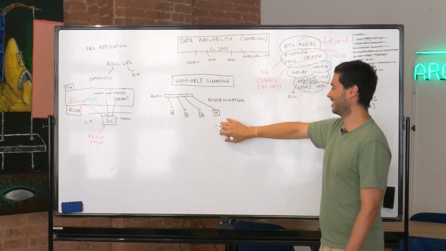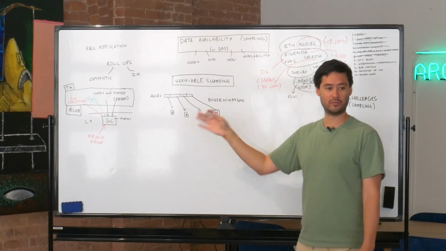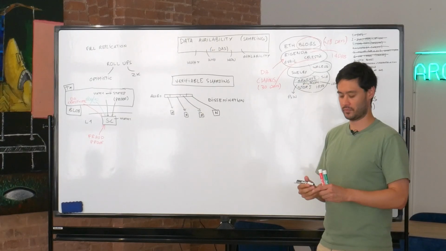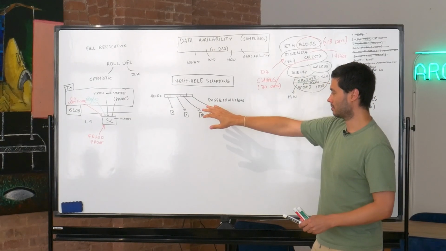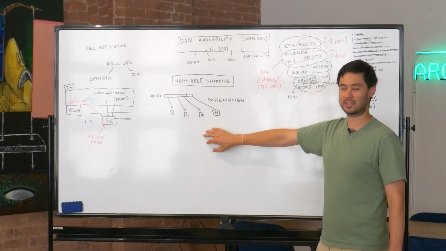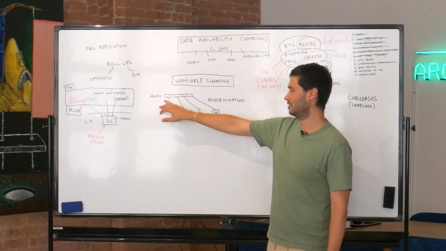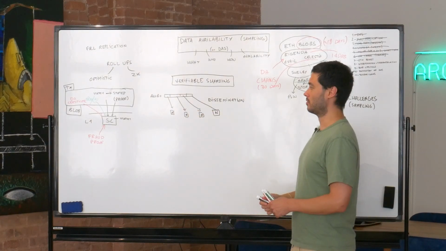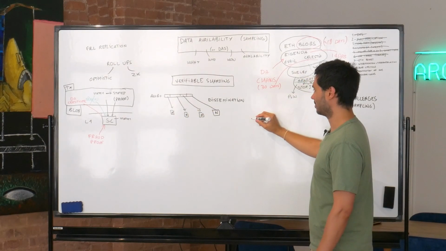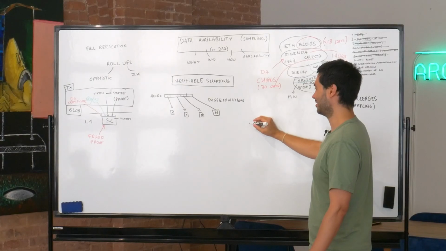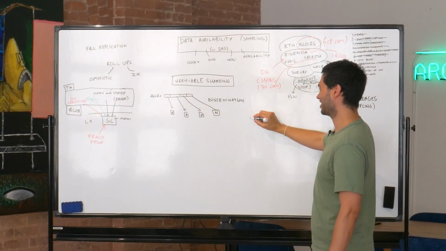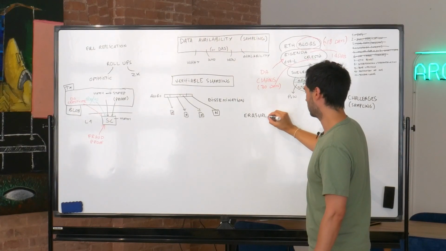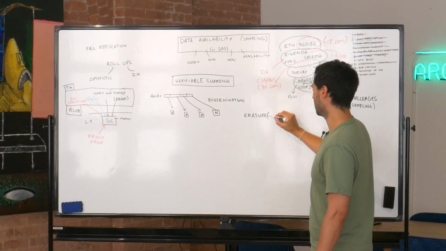If you want to reconstruct it, basically you have to ask the different people for a piece of that data, a shard, and then you can reconstruct it. If you do that very naively, it kind of sucks: if enough people start losing part of the data here, you can't reconstruct anymore. So what people have started doing is using erasure coding, sometimes called erasure correcting.